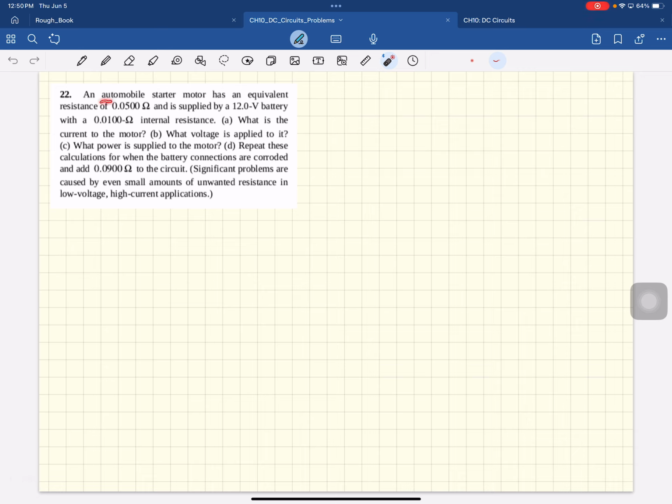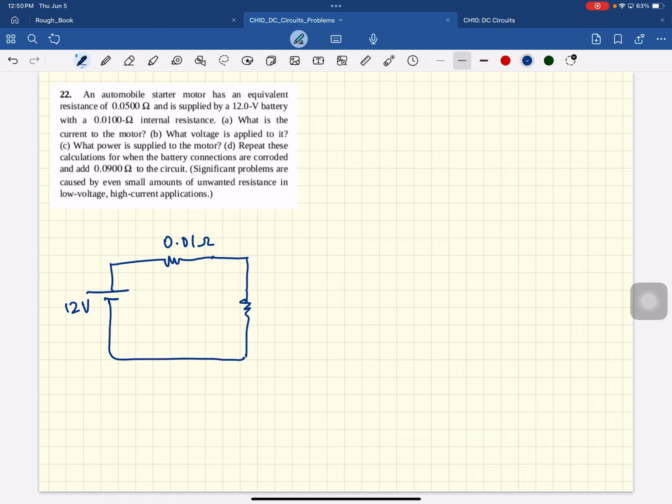So an automobile starter motor has an equivalent resistance of 0.05 ohms and is supplied by a 12-volt battery with an internal resistance of 0.01 ohms. What is the current to the motor? So here's a 12-volt battery, internal resistance of 0.01 ohms, and the motor, which is the load, is 0.05 ohms.